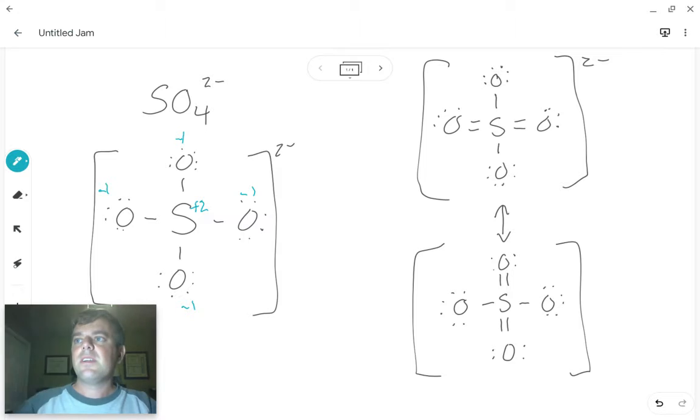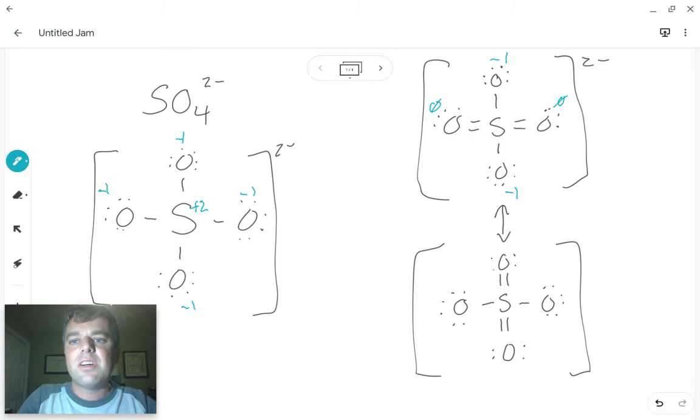Then let's compare this strange resonance structure over on the right side, where sulfur is violating the octet rule, which it can do because it is in period 3. So the oxygens on the top and the bottom are exactly the same as the ones in the previous structure. So they're at -1 and -1 and -1. But the oxygens on the left and right have a formal charge of 0.